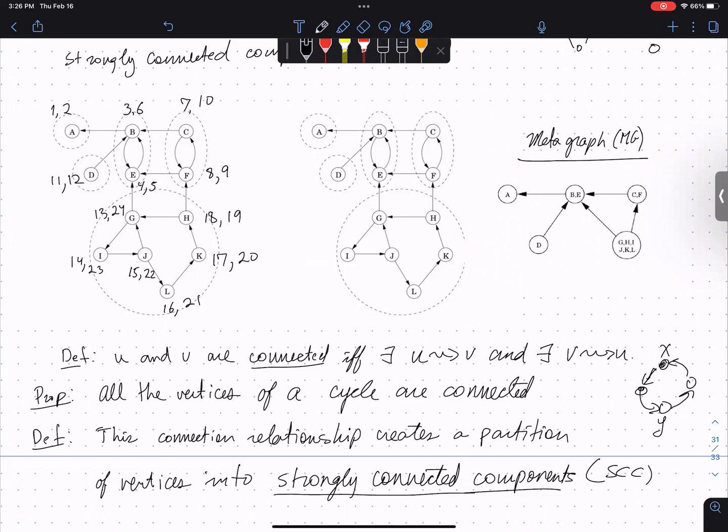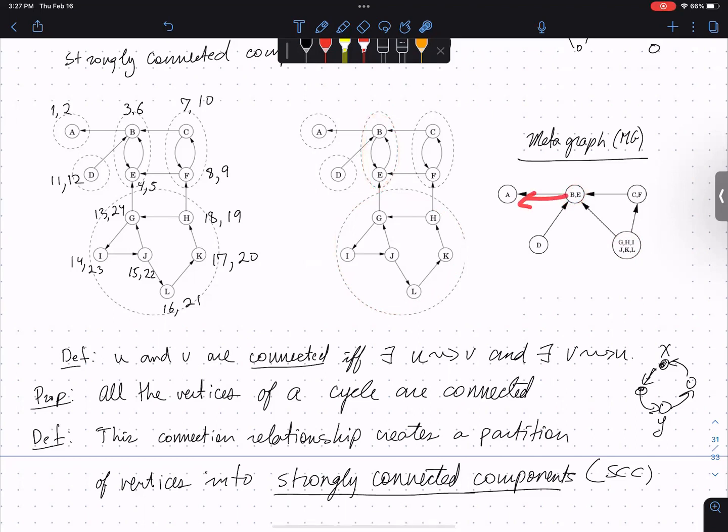So you guys see what's happening here? I've created a vertex in the metagraph for every strongly connected component of the original graph. So we've got 5 vertices in here, and inside each vertex, I've written down the vertices that belong to that component. Right, so like B and E is this guy and so on.